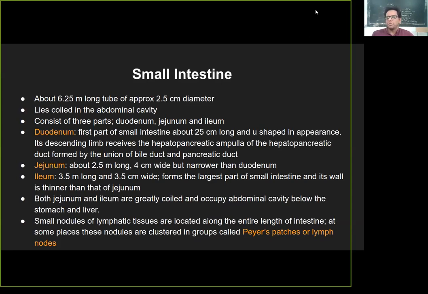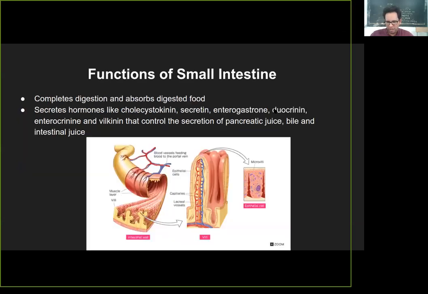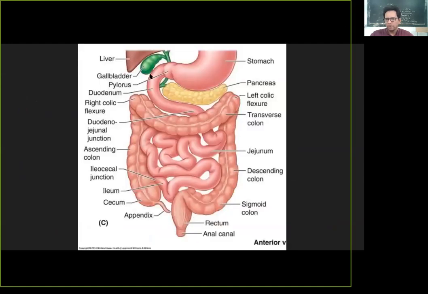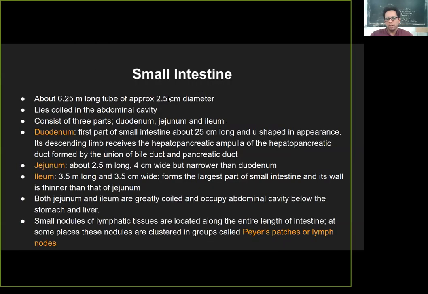It is U-shaped in appearance. I have a diagram like this. Yeah, here it is. After the stomach region, this particular U-shaped part is called the duodenum.